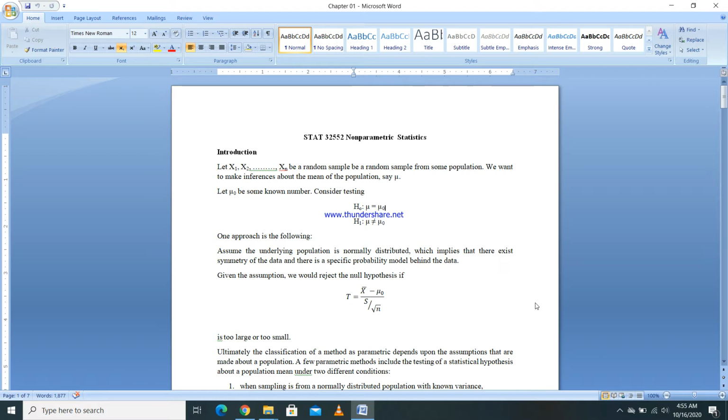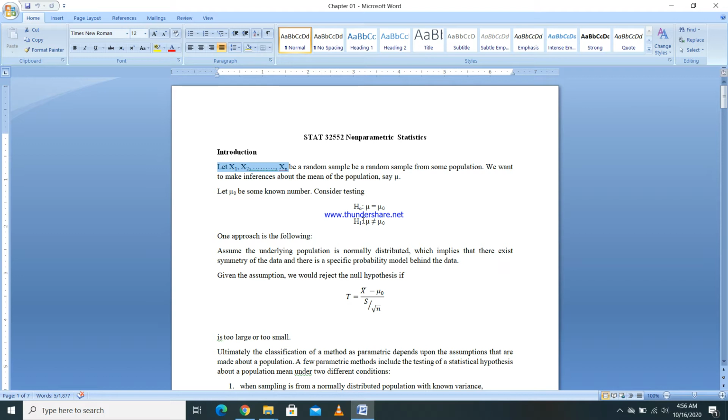So let's say you have x1, x2, x3 up to xn. This is a random sample coming from some population, and you want to make an inference about the population mean. If you can recall the things that you have learned in inference, you first have to write down your null hypothesis and the alternative hypothesis.